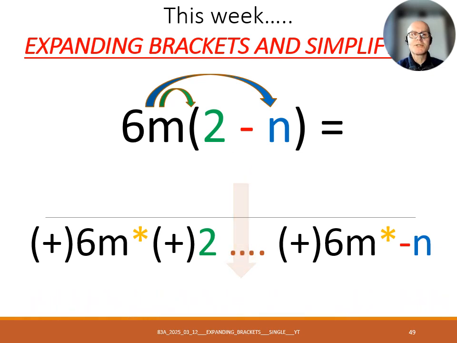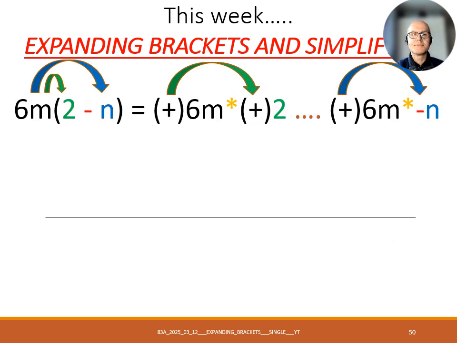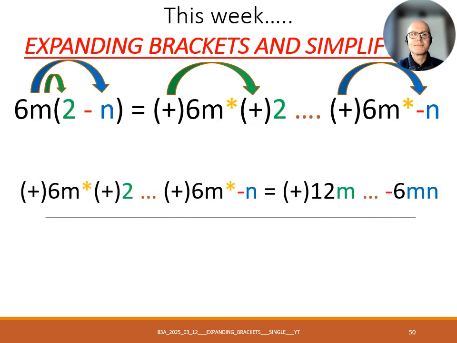Keep it into 2 chunks. Positive 6m times positive 2, positive times a positive equals a positive answer. Positive 6m times positive 2 equals positive 12m. Then positive 6m times negative n. Positive times a negative equals a negative answer.